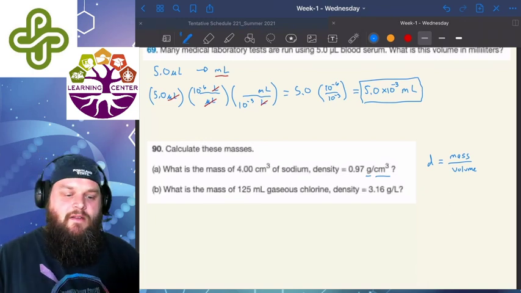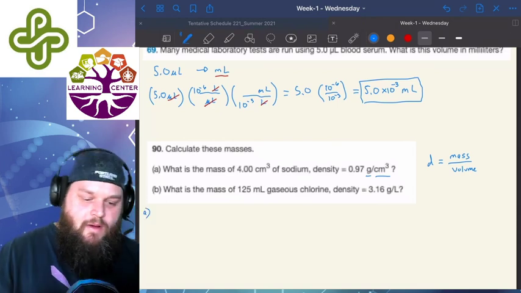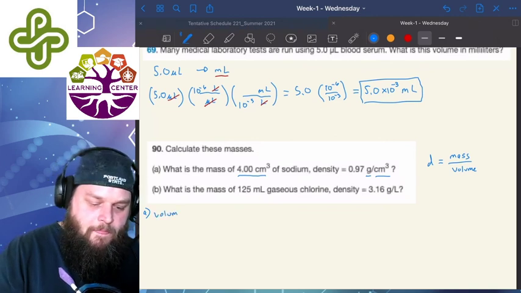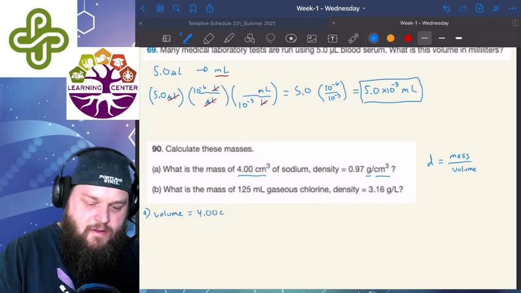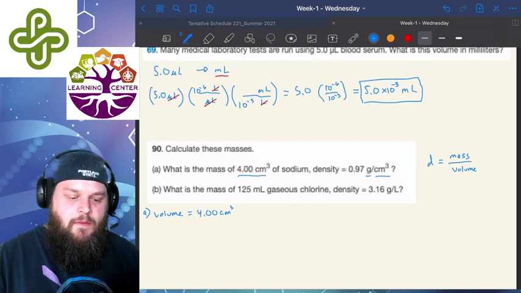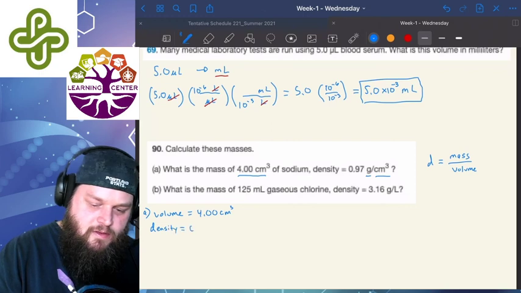So for the first one, part A, we want to find the mass when the volume is equal to 4.00 centimeters cubed, and we know that the density is equal to 0.97 grams per centimeter cubed.